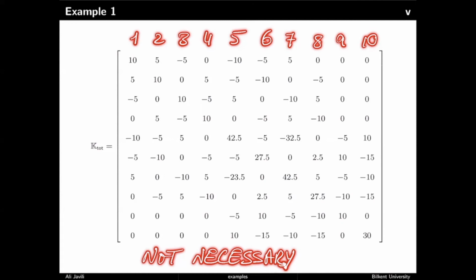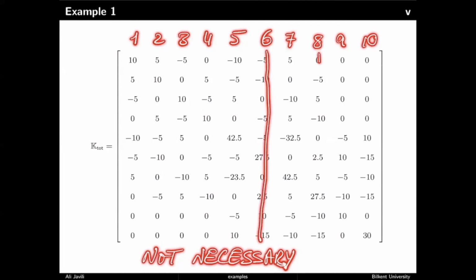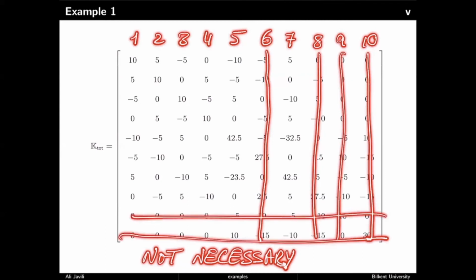So what you want to do is to find the components that are related to the reduced stiffness matrix. If you remember, the degrees for the reduced stiffness matrix were 6, 8, 9, and 10. So we are interested in 6, 8, 9, and 10, and then again that would be 10, 9, 8, and 6.